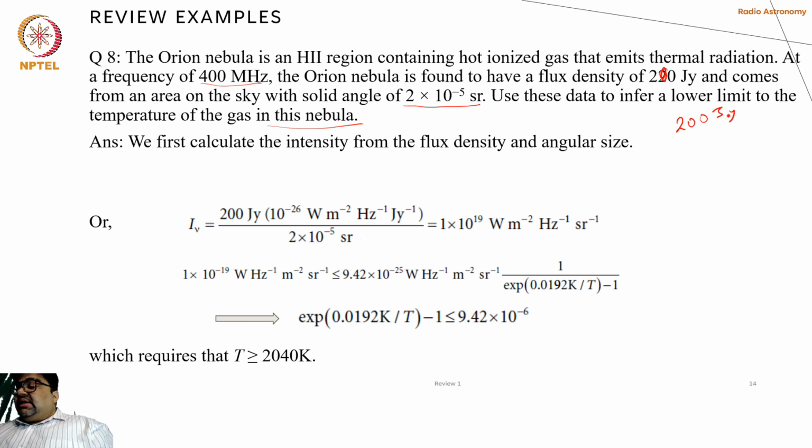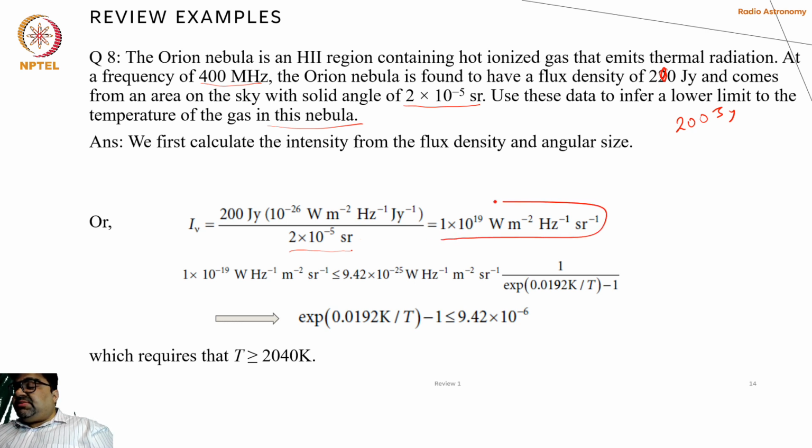And so, if it is 200 Jansky, you have a solid angle of 2 × 10^-5 steradian. So I nu is given by 200 Jansky divided by the steradian, and we have done a similar problem before.